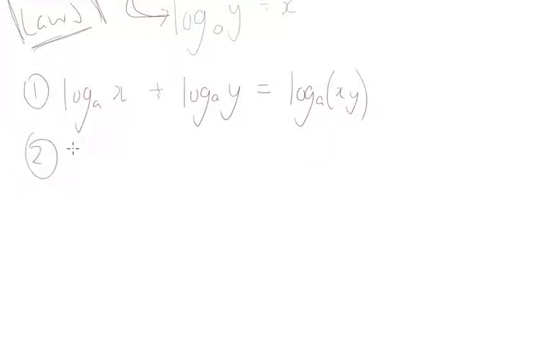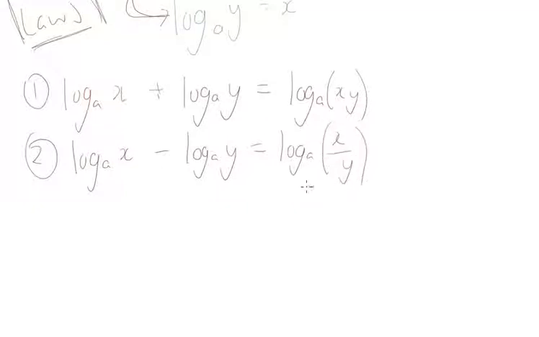Second log law, log base a of x minus log base a of y equals, and you can probably guess it, log base a of x over y. Okay. Third log law, this one's very important in terms of solving logs, rearranging logs, working with logs.